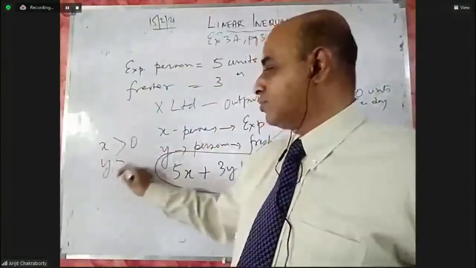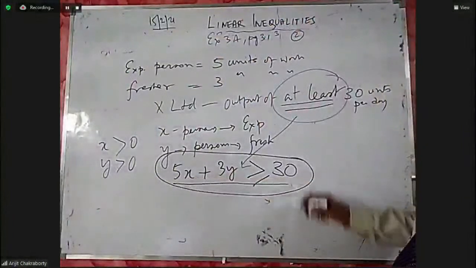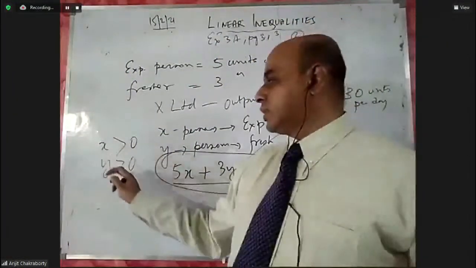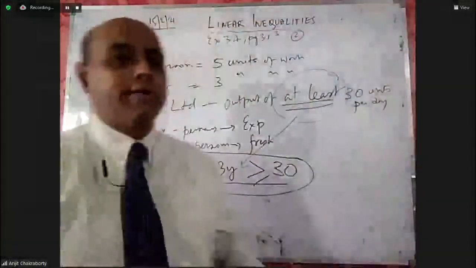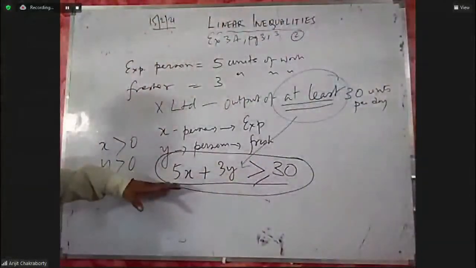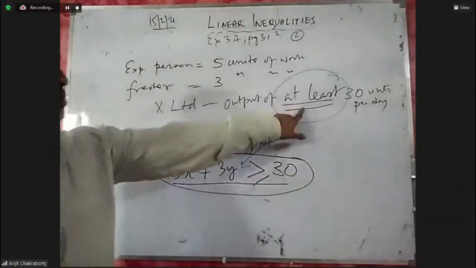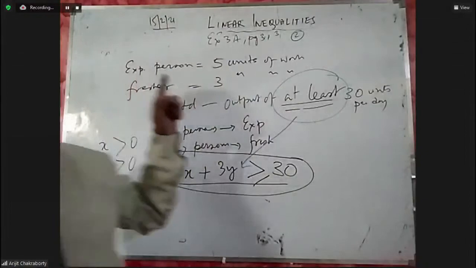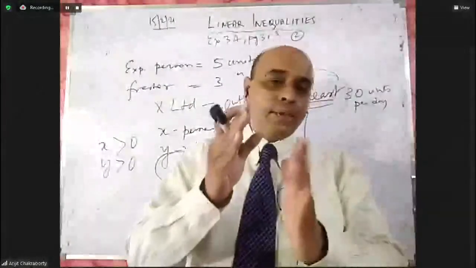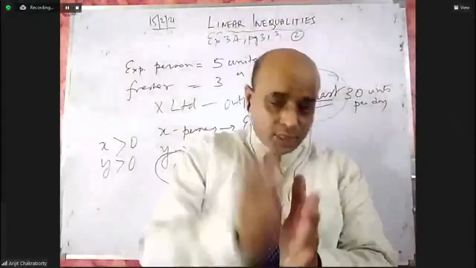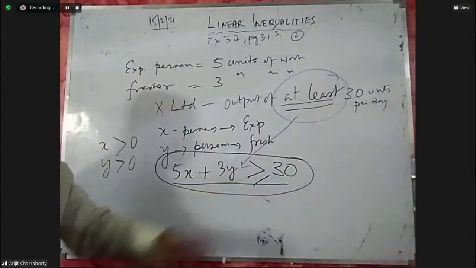So Y is also more than 0. So the given situation can be expressed in this manner: 5X plus 3Y is greater than or equal to 30, because we have a constraint that the output is at least 30 units per day, which means 30 and above. So we have used the greater than or equal to sign. Please see the sign.